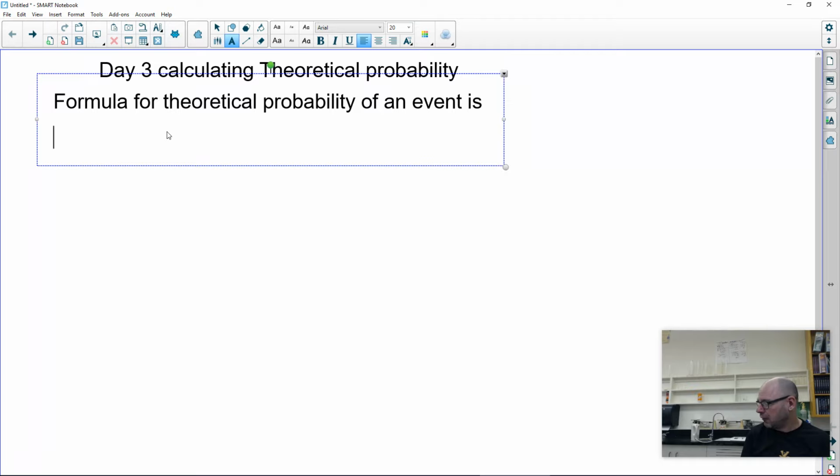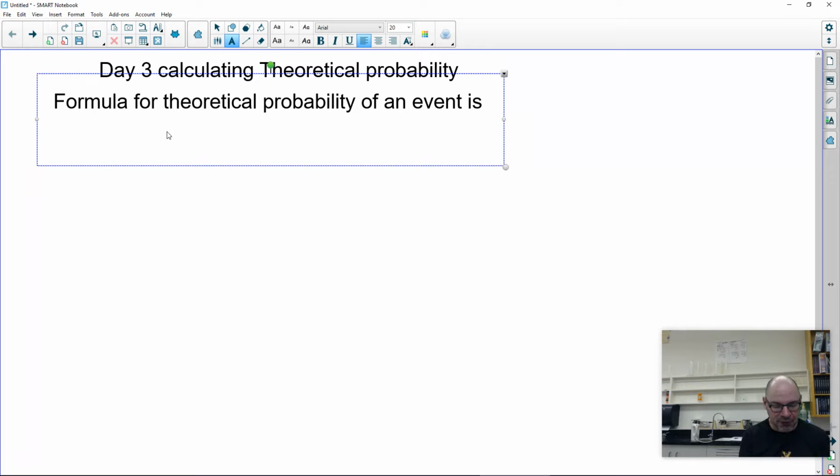okay, so we'll get it out here. And it's mostly a word one, so it's a fraction, obviously, because we're going to be doing some dividing. There's my notes on it here. So it is equal to the number of outcomes favorable to the event over the number of possible outcomes of the event.